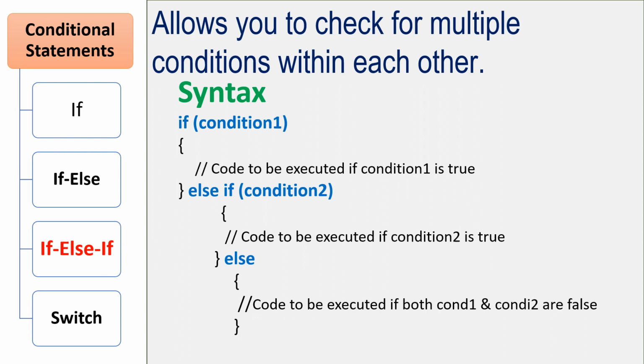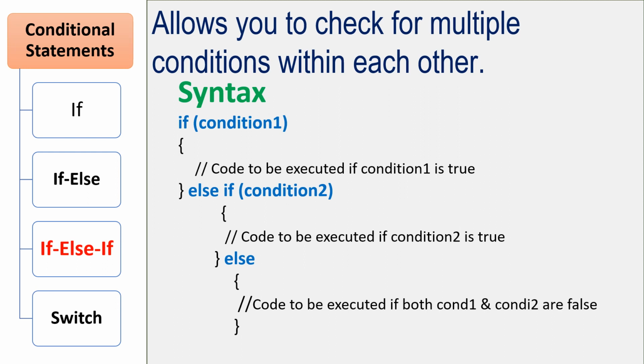Here is the syntax. An if-else if statement allows to choose between multiple conditions. It starts with an if condition. If the condition is true, the corresponding block of code executes. If false, the statement checks the next else if condition.